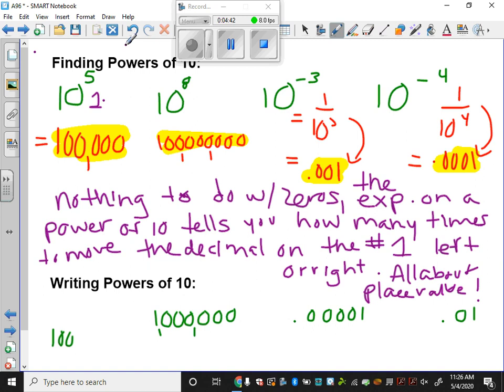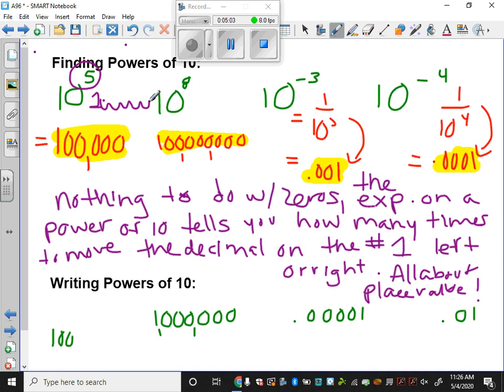So if I start with the number 1, which is the starting number for most things in mathematics, some would argue that it's 0, but if I start with the number 1, that's saying, okay, the exponent is 5. I'm going to move that decimal 1, 2, 3, 4, 5 times to the right.